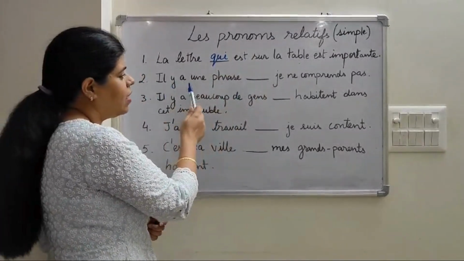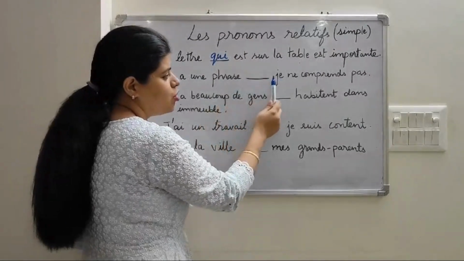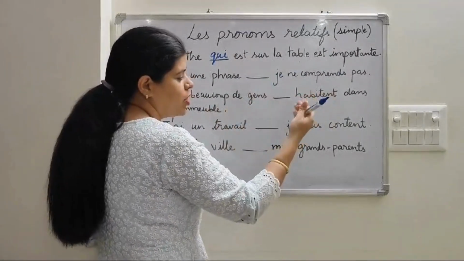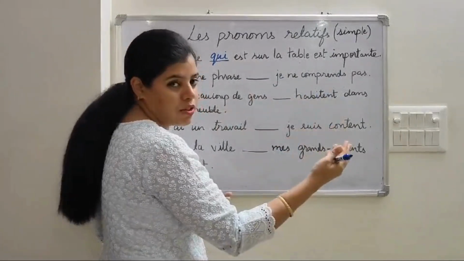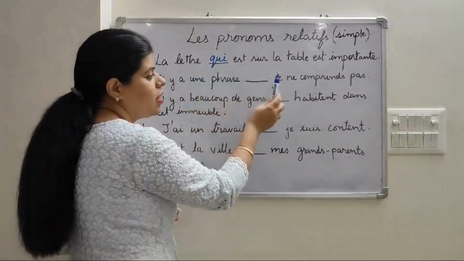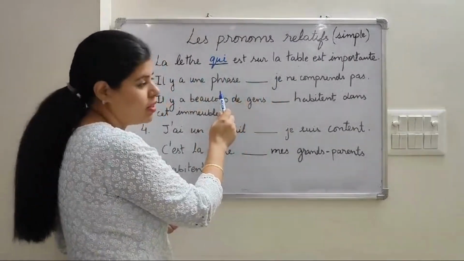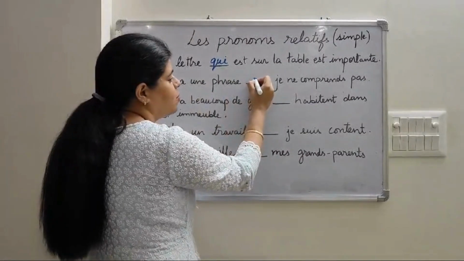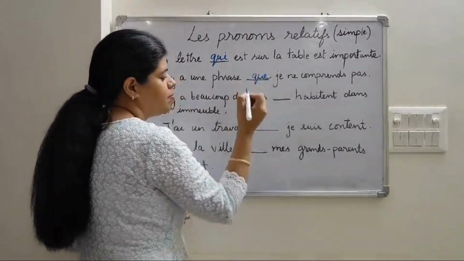Next one, il y a une phrase dash je ne comprends pas. Now, I need to ask myself the question, je ne comprends pas what? I'm not able to understand what? La phrase. So that is the object in the sentence. So because we need to replace the object, we'll be writing que.